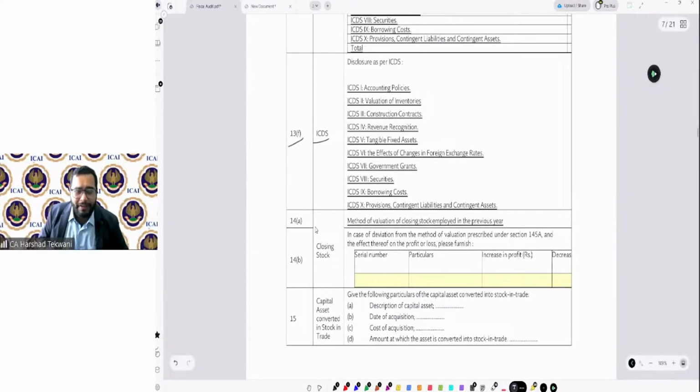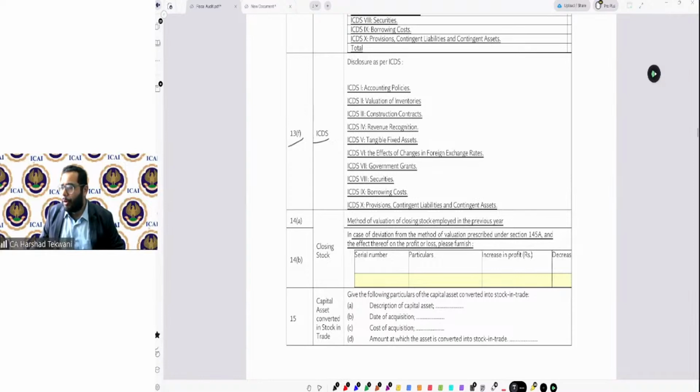Now, in the case of deviation from the method of valuation prescribed under section 145A, you need to provide the effect of the same, whether it's an increase or decrease on the profit and loss account, what is the impact. Now, quickly, what does 145A talk about?